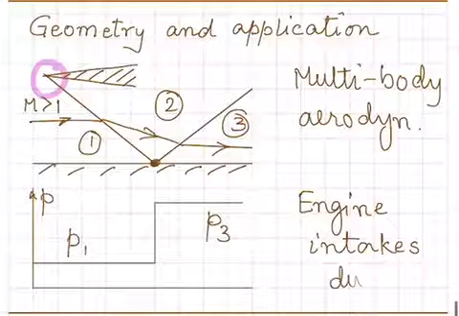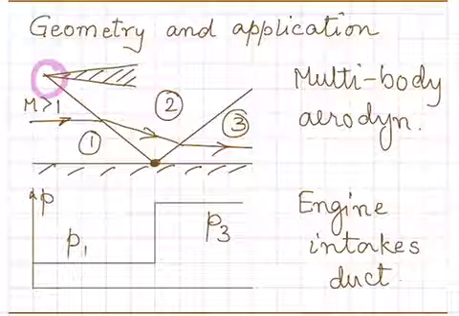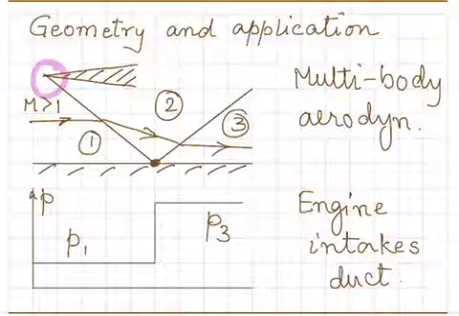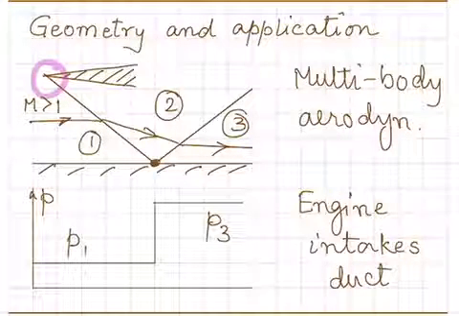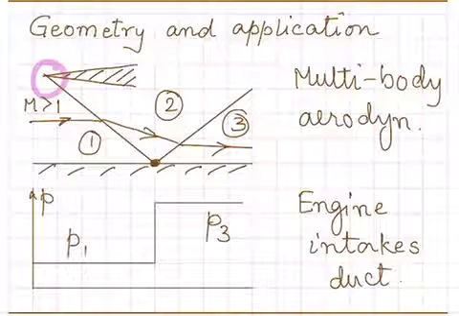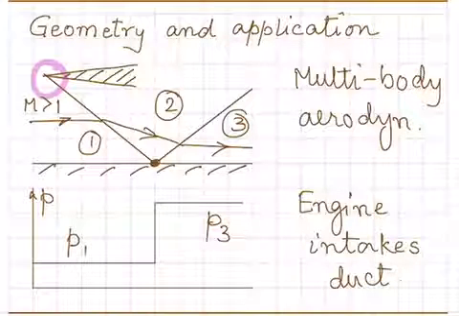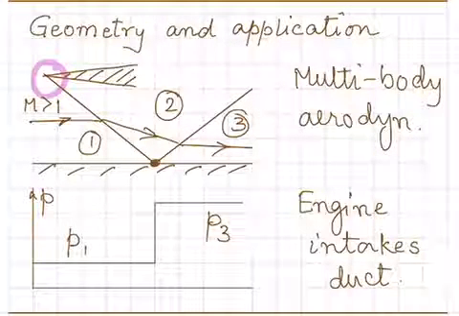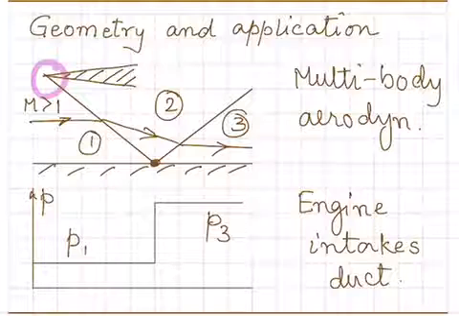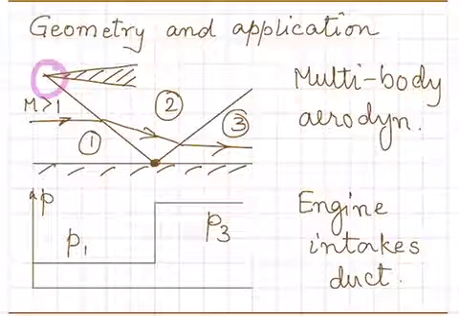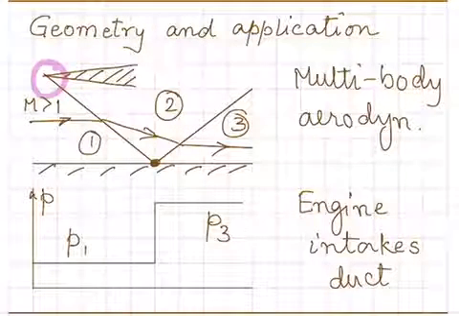Inside the intake duct, there can be multiple shocks bouncing back and forth between the walls. So this could be a scenario where a shock from one side of the intake reflects from the other side of the intake.